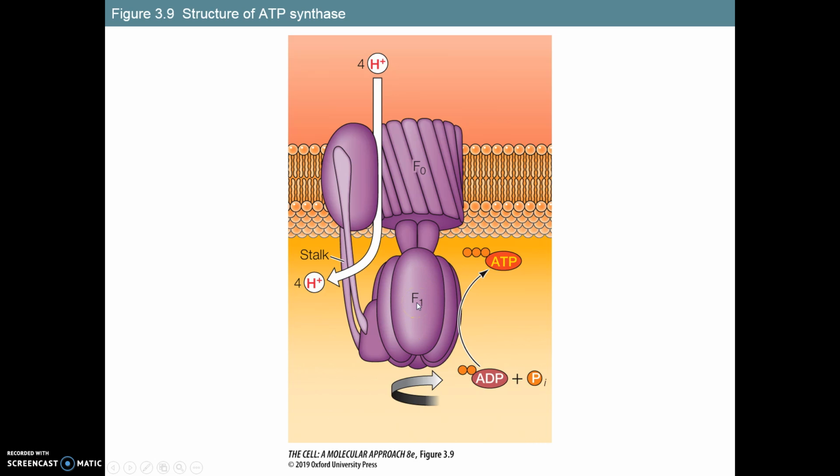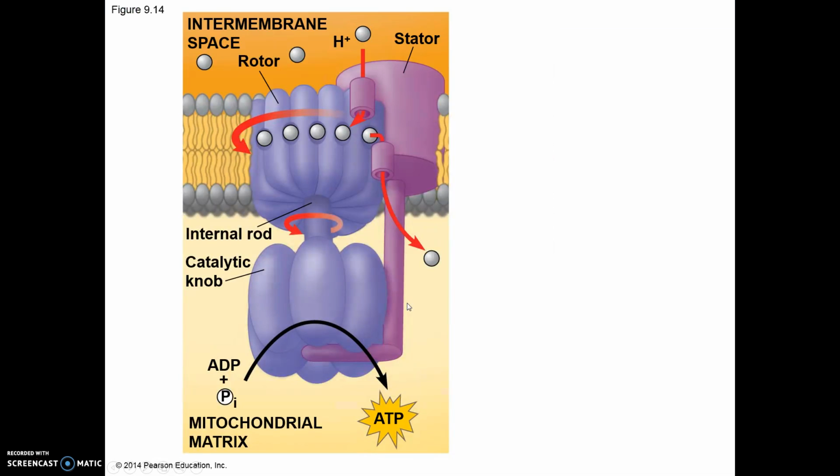This F1 complex has proteins that change conformation as this rotor spins, and the stalk complex here is holding the F1 still. So F0 is spinning, F1 is held stationary. Here is another look at how this works, so we get an idea of more of the actual procedure, or how the protons flow.